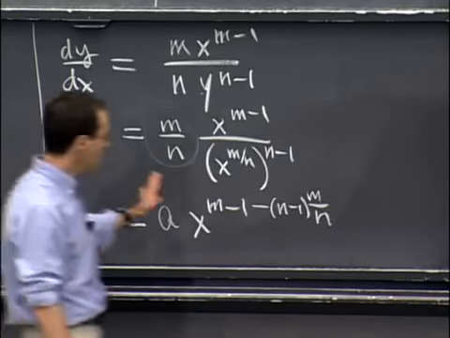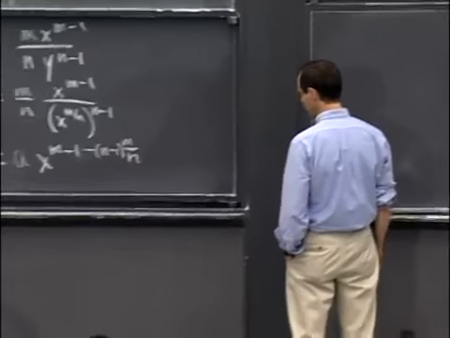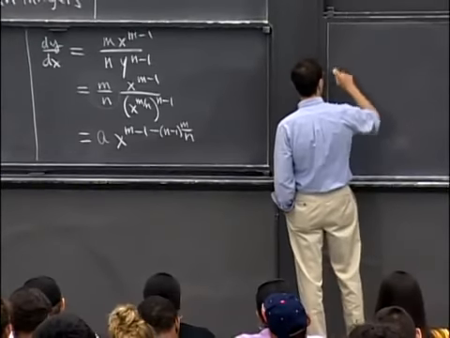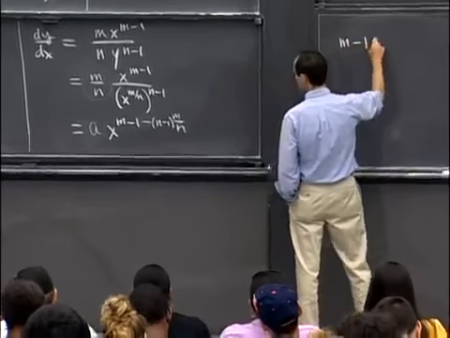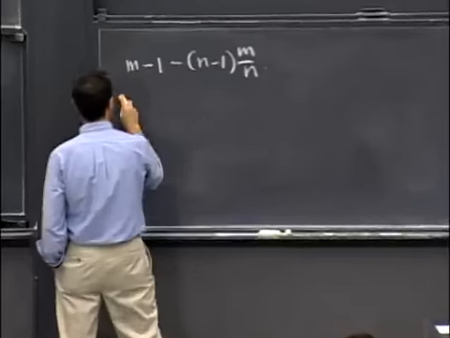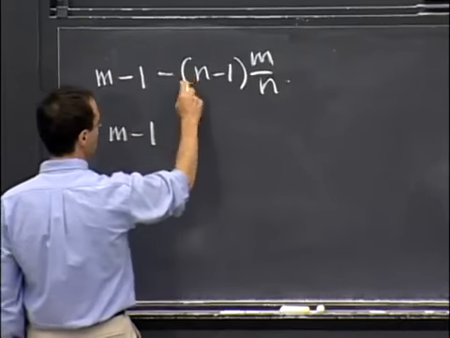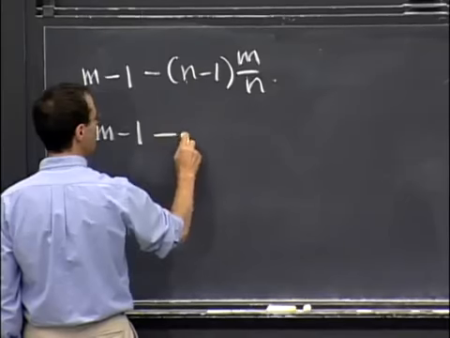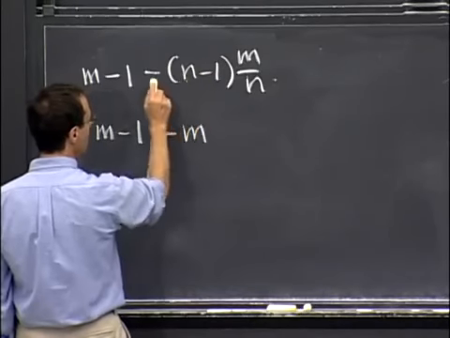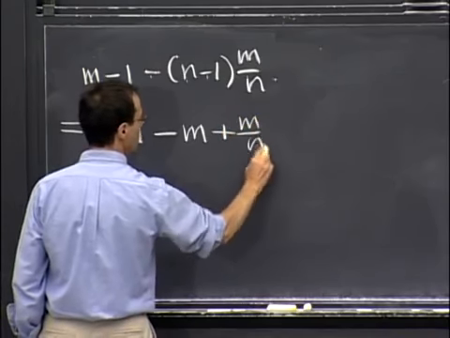And then we'll do the arithmetic maybe just over here in the next board. So we have here m minus 1 minus n minus 1 times m over n, which is equal to m minus 1. And if I multiply n by this, I get minus m. And if the second factor is a minus, that's a plus. And so it's plus m over n.